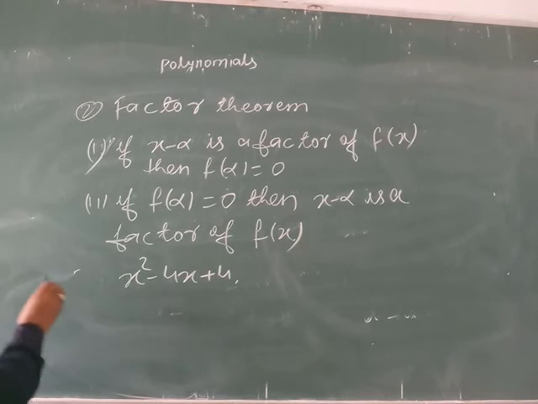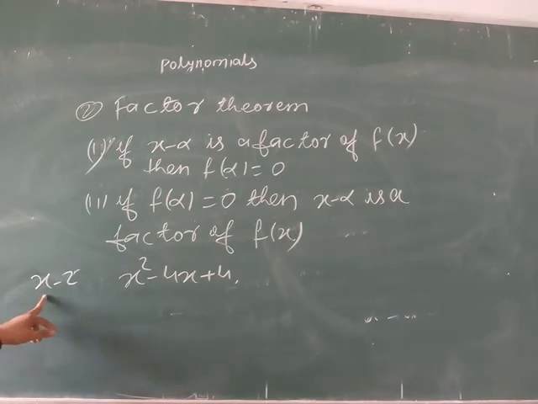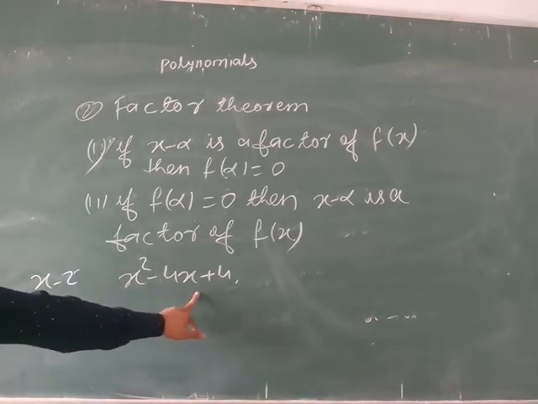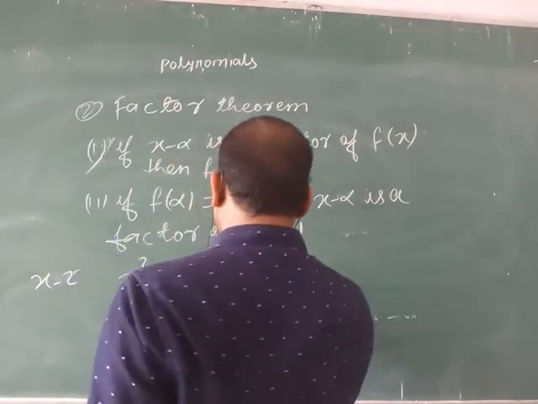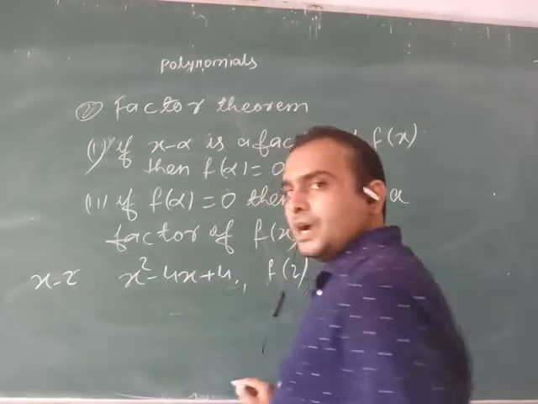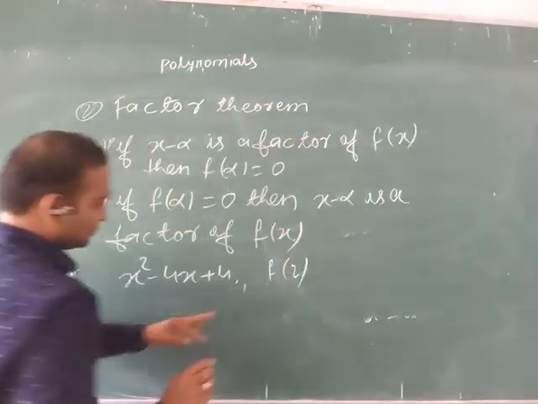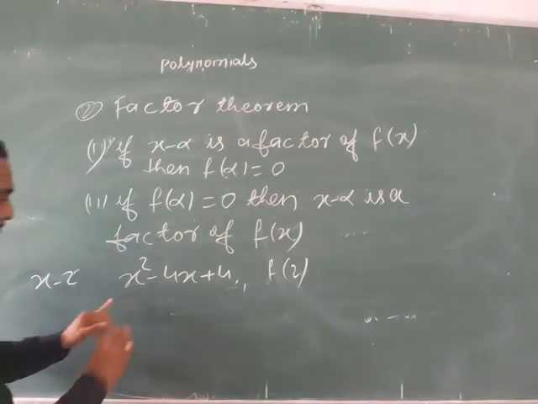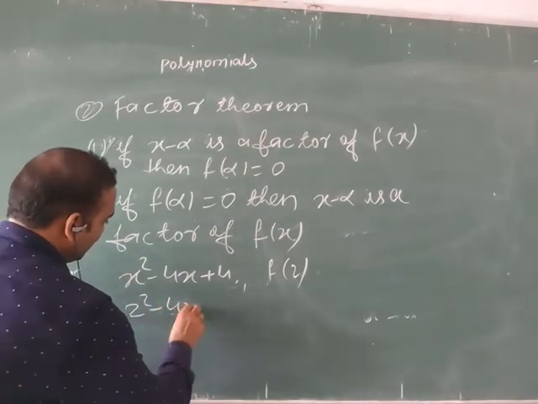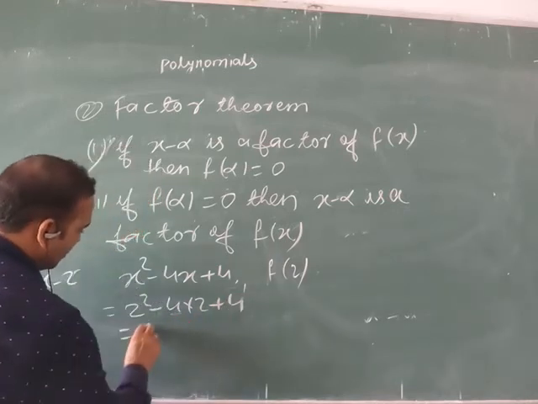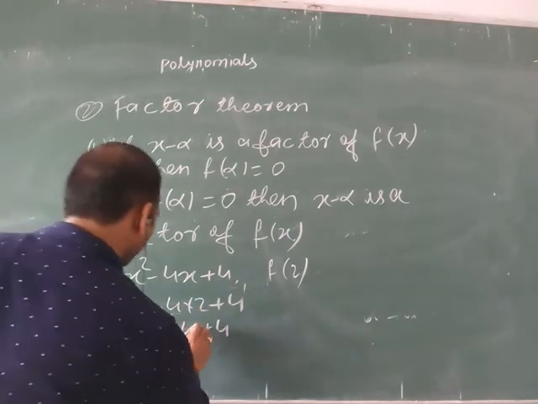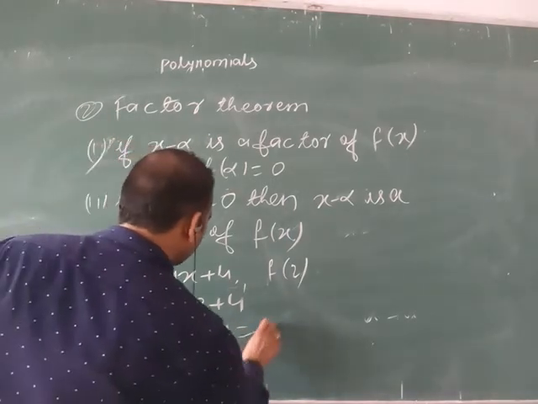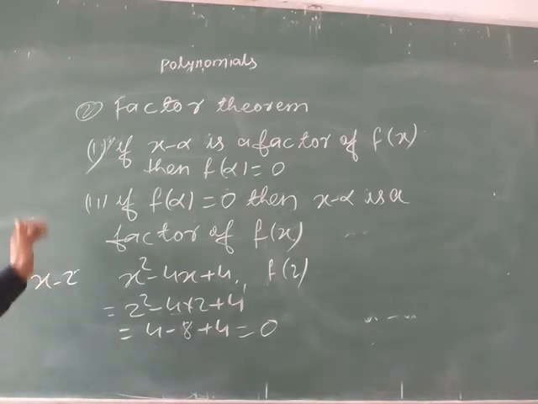If x minus 2 is a factor of this one, then we must have f(alpha) equal to 0. f(alpha) means f(2), putting the value of x, that is 2. 2 square minus 4 into 2 plus 4 equals 4 minus 8 plus 4, equal to 0. So this one is factor theorem.